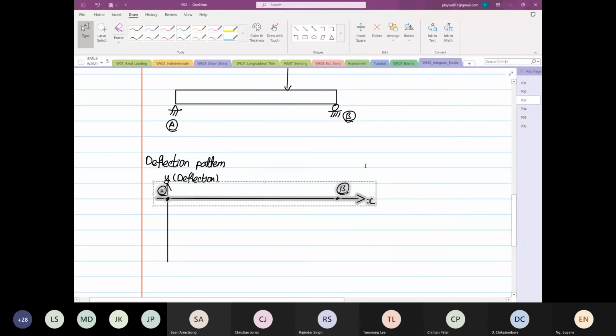So how this beam is going to deform, I'm going to sketch out now. It's going to deform like this. So now this is deformation or deflection.